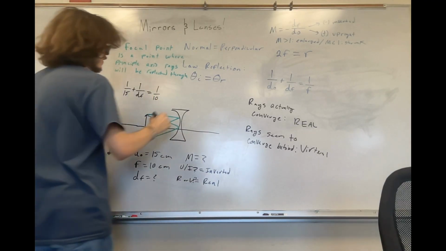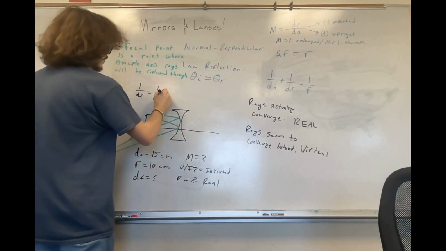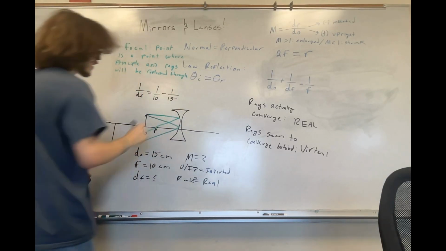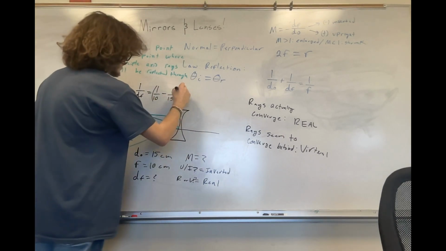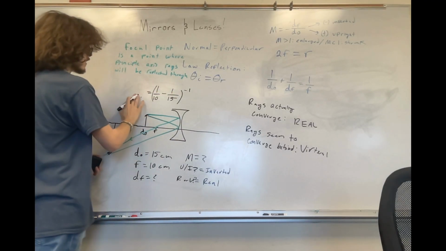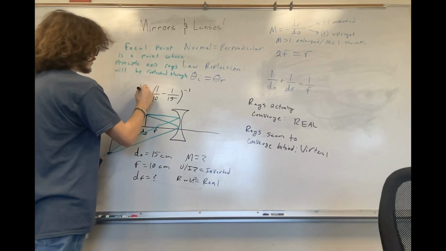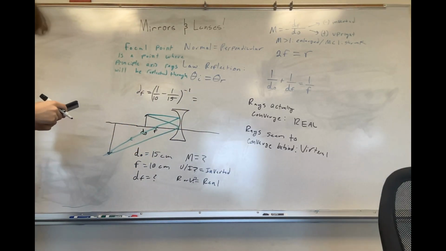Okay, and then we can just do a little bit of rearranging. We can subtract 1 over 15. And then we can take the inverse. So in your calculator, you would do something like this. And this df now is going to come to the numerator. And let's see what happens when we get that.